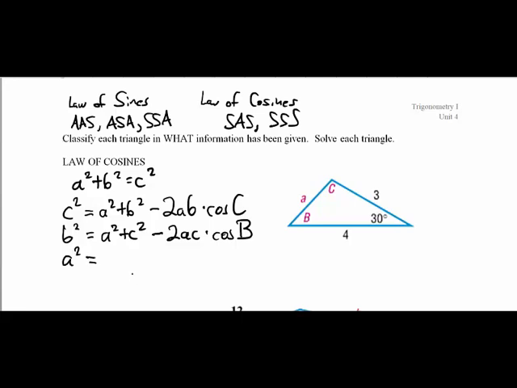So I'd like you to pause the video and see if you can finish this formula based on the previous two. Even if you could think of it in your head or write it down, the formula starts with A squared and then ends with the A at the end, with the B squared plus C squared in the middle, minus your 2BC times cosine of capital letter A. Now, I won't be writing these multiplication symbols.